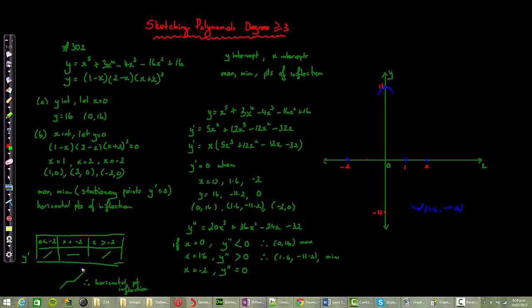And this point, negative 2, 0, was a horizontal point of inflection. So it was positive gradient after that point, positive gradient before that point. Okay, so I think the graph's going to come up here, through there, down through here, turn here, and come back up there. So let's sketch that in.